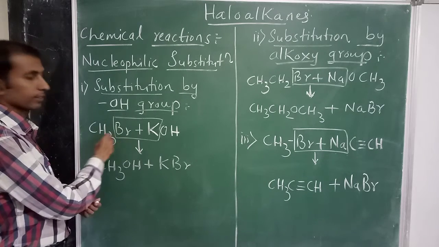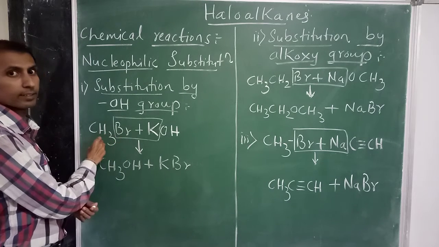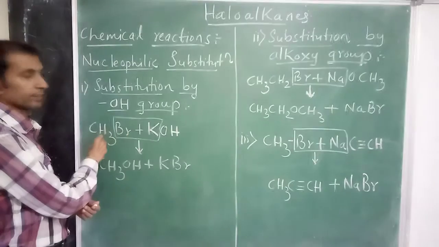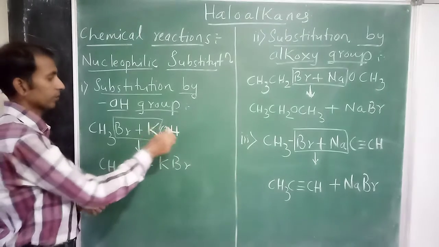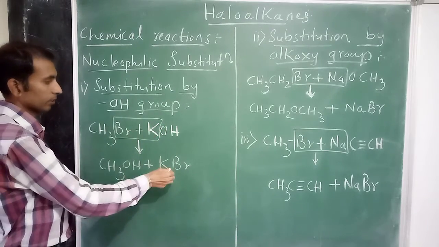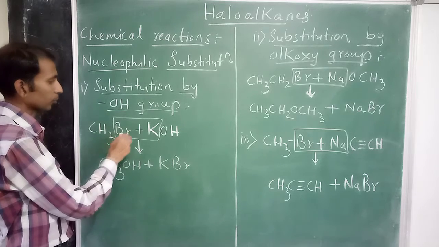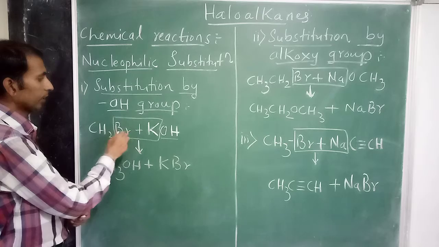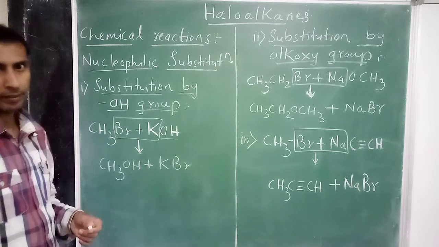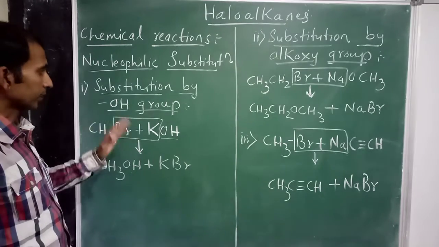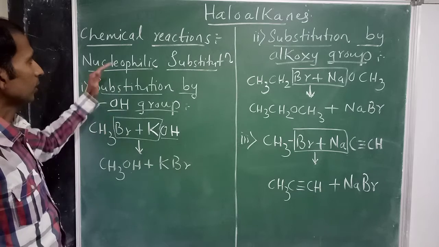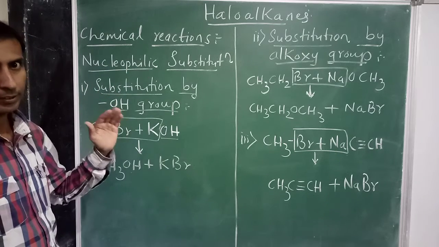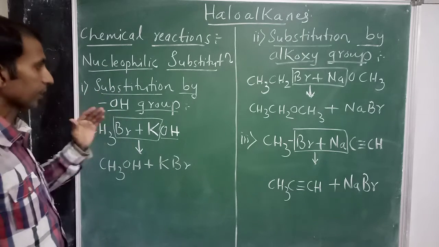It's a haloalkane, bromomethane, reacting with KOH, and KBr is lost, and Br is substituted by OH, which is a stronger nucleophile as compared to Br. That's why this reaction is an example of nucleophilic substitution reaction. So this is the first reaction here.